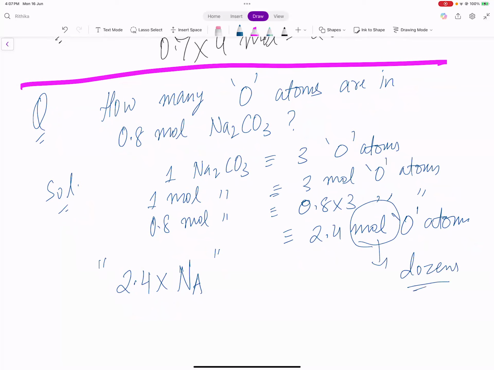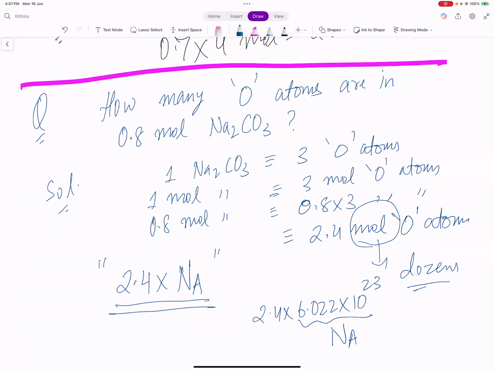So 2.4 dozen means 2.4 into 12. If it was dozen, we multiply it by 12 because 1 dozen is 12. So if it is 2.4 mole, I will multiply it by 6.022 into 10 to the power 23. So this is 2.4 into 6.022 into 10 to the power 23, and we write it as Na, Avogadro's number.